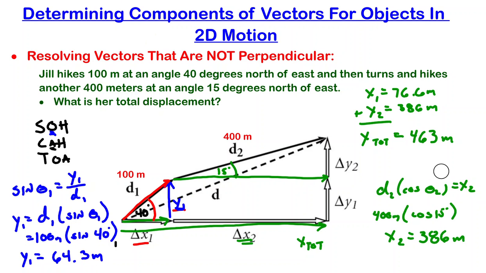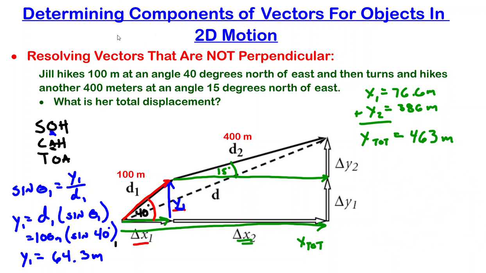And then I want to do the same thing over here, except for y2. So I'll use this equation again, except y2. So y2 is equal to d2 times the sine of theta 2.